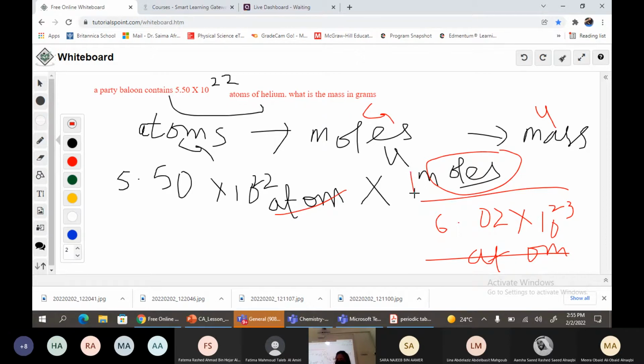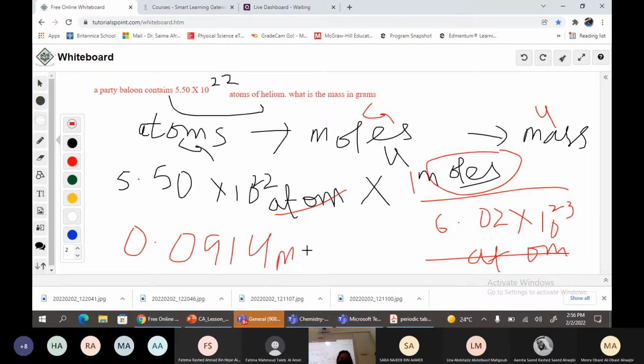Okay, what is the answer for this one? Very good, Meera. 0.0914 moles.